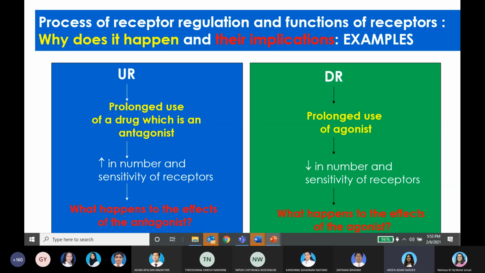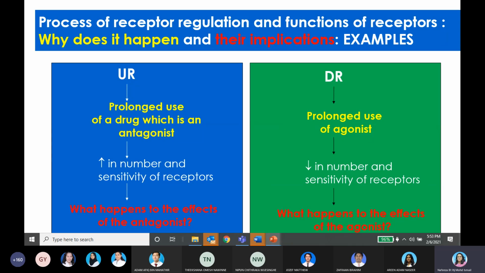Should be lower. Yep, exactly. What happens to the effects of the antagonist? It will be lowered, because it needs to combine to more receptors in order to exert its effects.